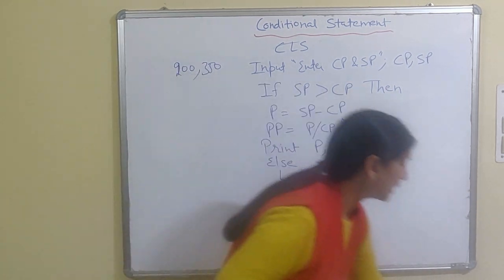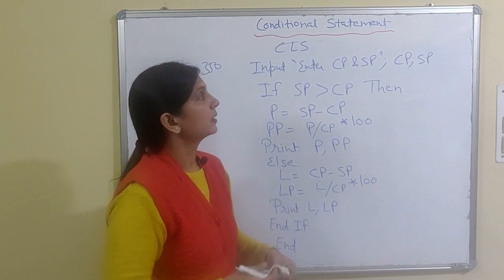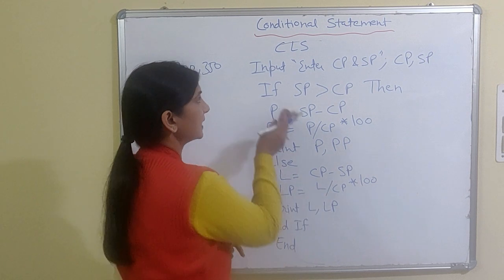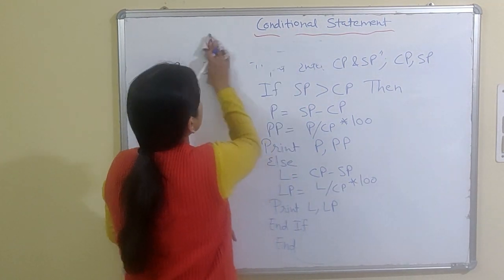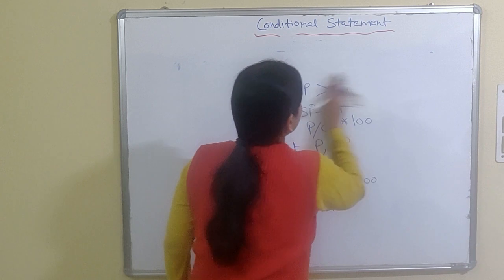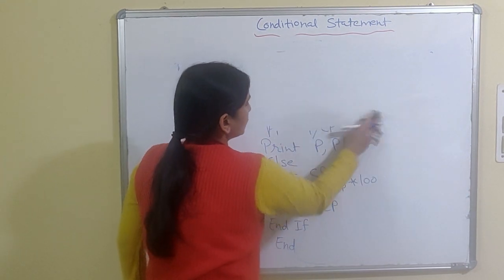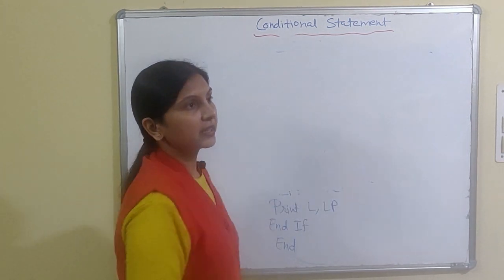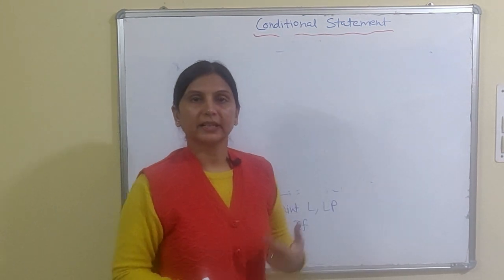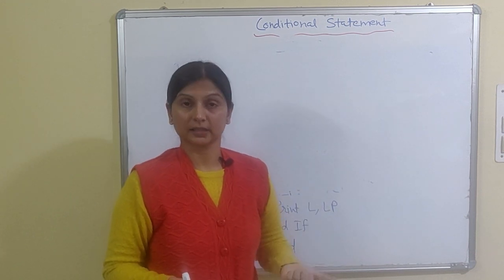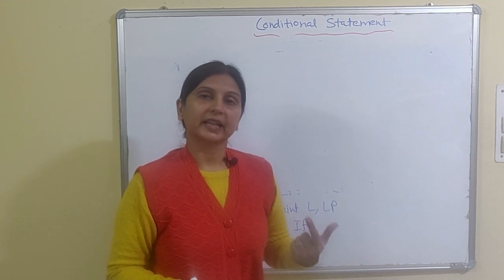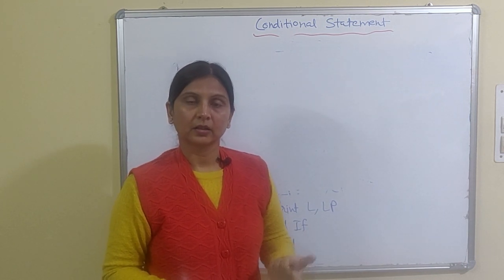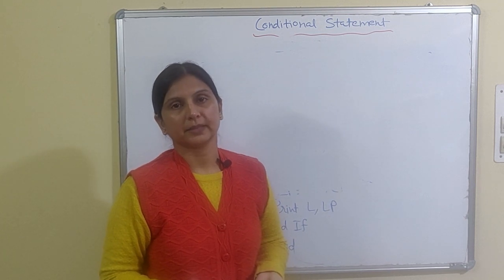Fine. Now I am taking one more problem based on if then else if. So first we will understand what is the problem. You have to make a program in which we will enter two angles and check whether the angles are complementary, supplementary, or neither complementary nor supplementary.